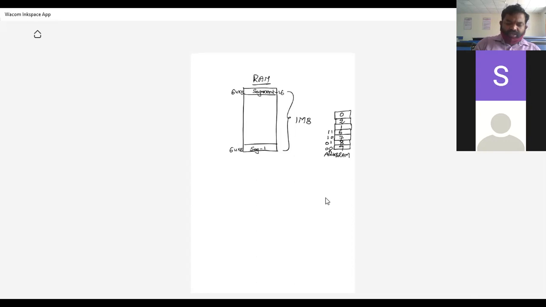Number 0 is there, and another one was missed. Number 4 is available. Then how to use the address now? We can have a 3-bit address. 000, 001, 010, 011, 100, 101, 110, 111. Yes, good.